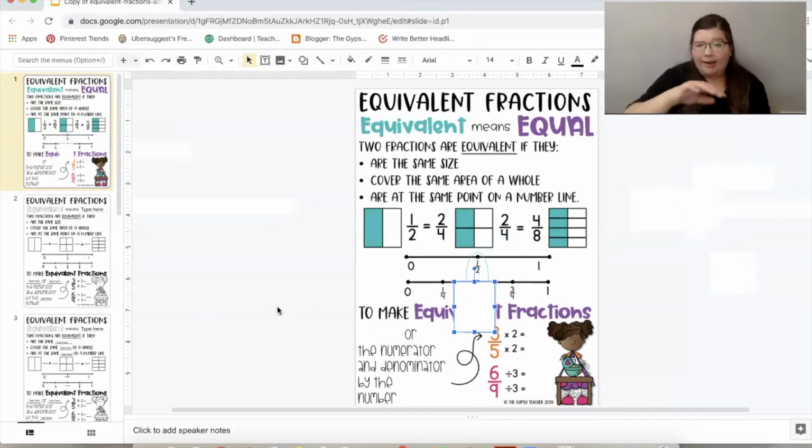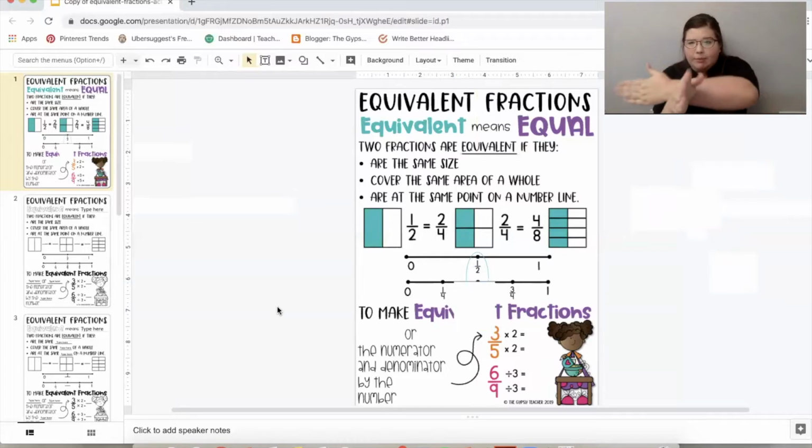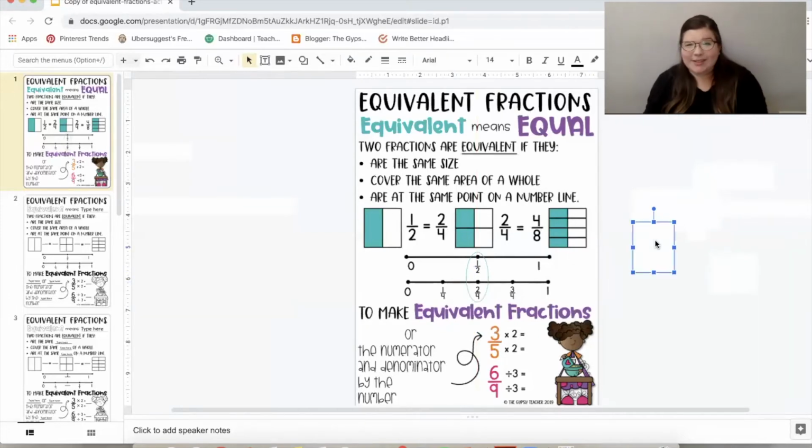So 1/2 is the middle point on the number line between 0 and 1. There's the same distance between 0 and 1/2 that there is between 1/2 and 1. So if we know that 1/2 is in the middle of that number line, what do you think is in the middle of the bottom number line? 2/4, you are right.